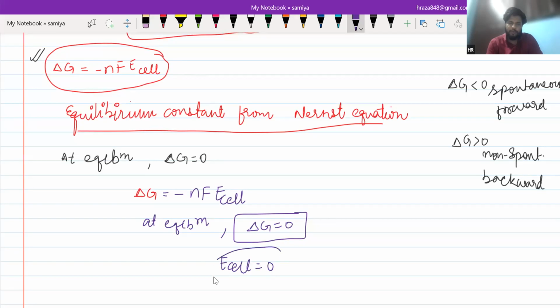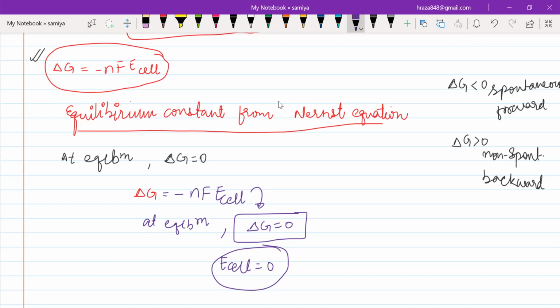If you apply this formula and put the value of delta G, then E cell will also be 0, because n is the number of electrons and F is Faraday's constant. So these will have some values, but E cell will be 0. Yes or no? Madiha, do you have any doubt in this? No, sir. So please write it, and then I will explain another point in this topic.